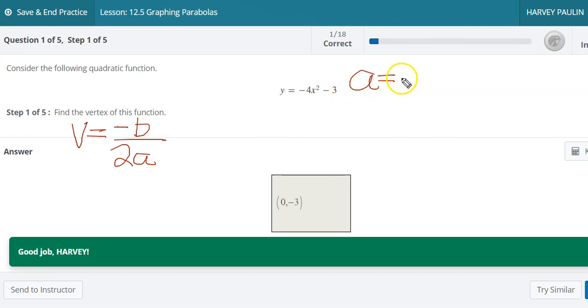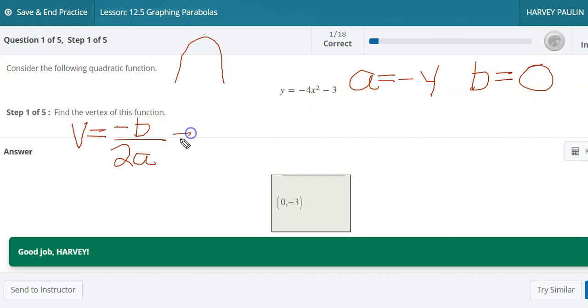A is negative 4. Now remember, since it's a negative, this parabola is going to open up downwards. And when we find the vertex, that's going to be our maximum up here. So a is negative 4. What is b? Well, there is no b. So b is 0.